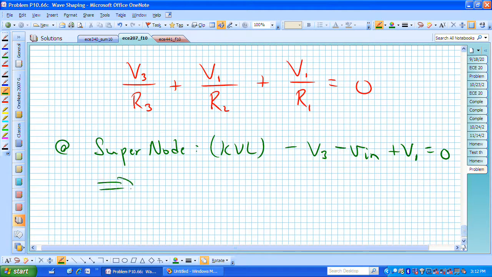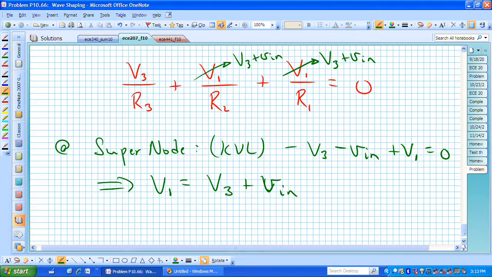We can use that information to say that V1 is now equal to V3 plus Vn. We'll use that here, and now we'll just have V3 in terms of Vn. So we now have V3 plus Vn and V3 plus Vn.